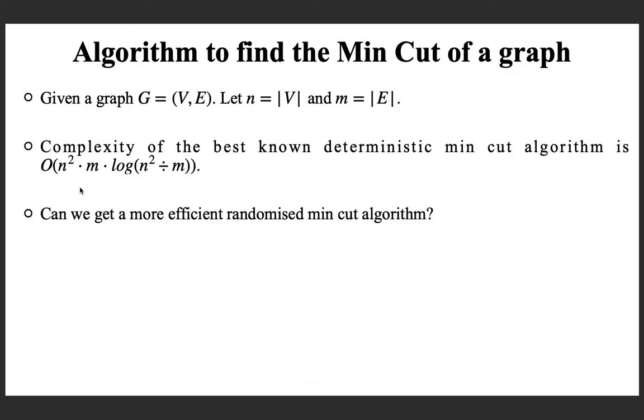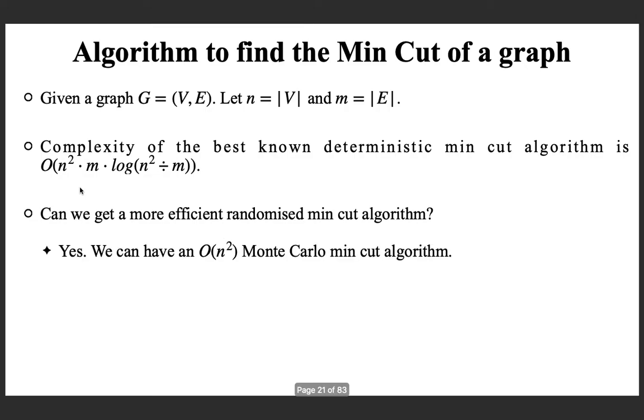Question is, can we get a more efficient but randomized min cut algorithm? Answer is yes, you can. We can have an order of n squared Monte Carlo min-cut algorithm. We can upper bound the complexity by order of n squared if you go for a Monte Carlo algorithm.